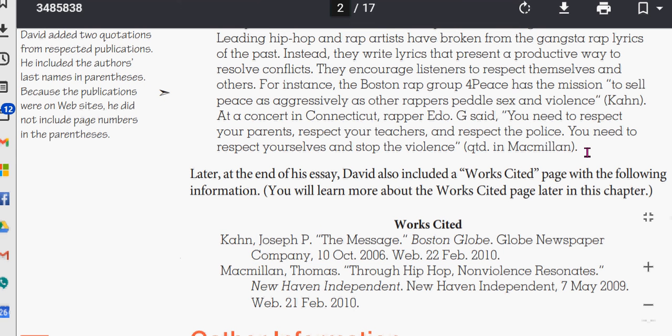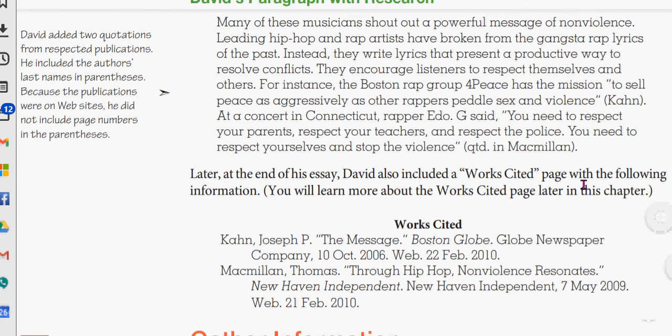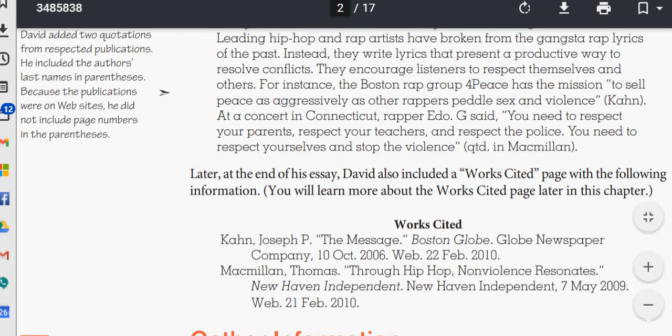The next one, it says QTD in Macmillan. QTD means quoted in Macmillan. Now he is taking the research that another author did.